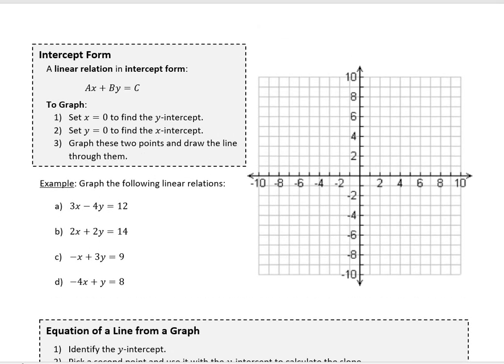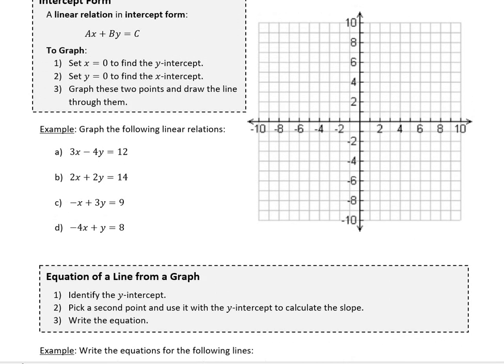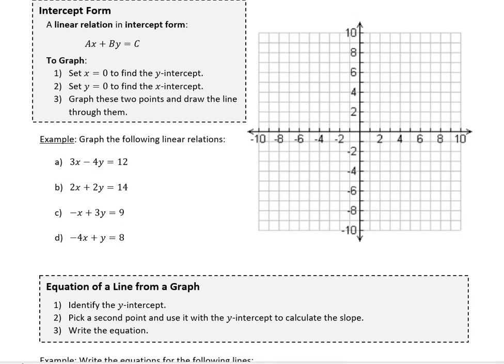Intercept form is the other way of presenting a linear relation. So in this case, we have the option. You could rearrange this as y equals, but sometimes the numbers can be really yucky. But what we can do is, if we set x equal to 0, then this whole term goes away.